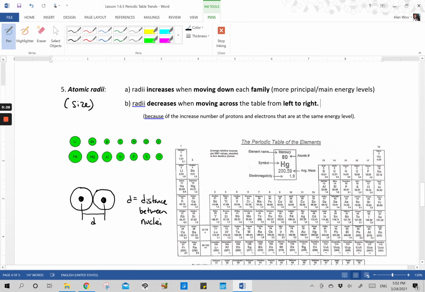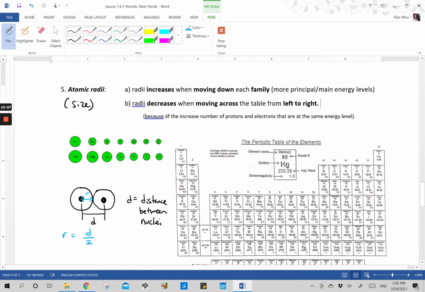Okay, then the radius has to be half of this. Okay, because the idea is half of this distance would mean we go from the center of the nucleus to the outer edge of the atom. Okay, so the radius r is basically d divided by 2. So when we're looking at the size of an atom, we're basically looking at the length of the radius, r.